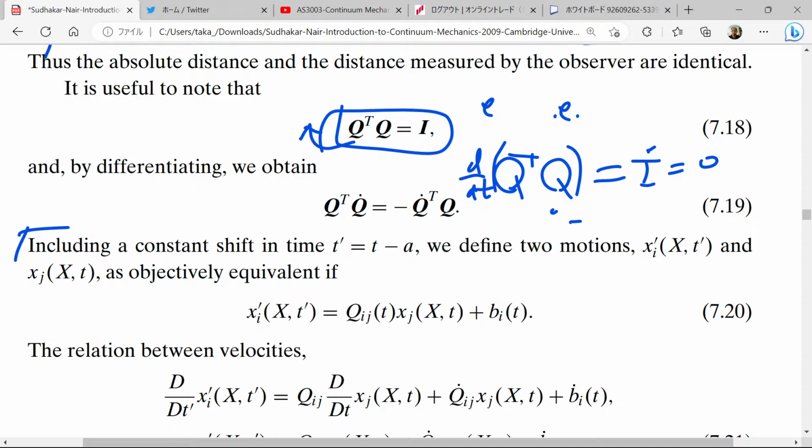We define two motions, x prime, t prime and xj, t.